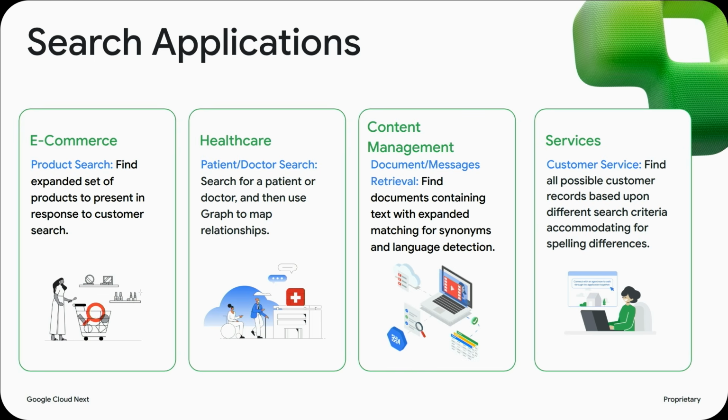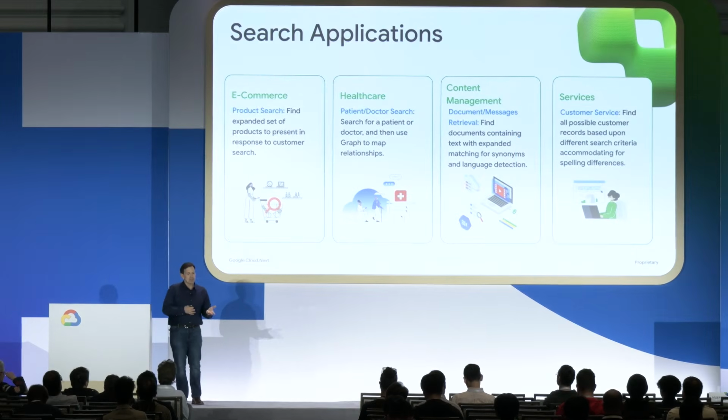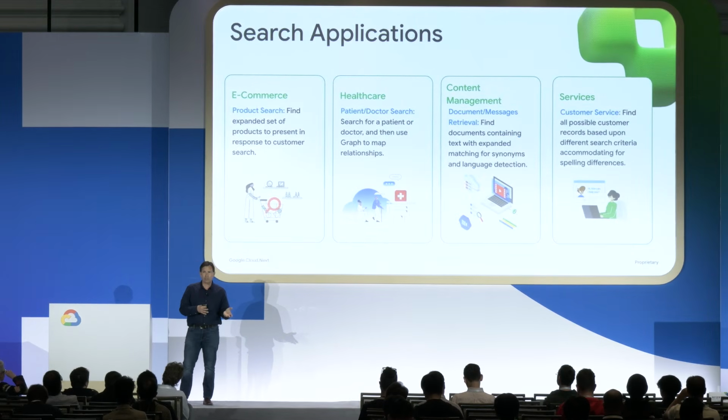And then finally, I use services more as a generic category here, but we have a lot of customers who have a user database or a customer database, and they need to search names, first name, last name, address, phone number, what have you. And they need to be able to account for spelling mistakes, et cetera. So there's a lot of customers that have implemented that on Spanner. Traditionally, to implement a lot of these kinds of search workloads, you would have to run a whole separate platform, and Spanner allows you to do this all in one place.